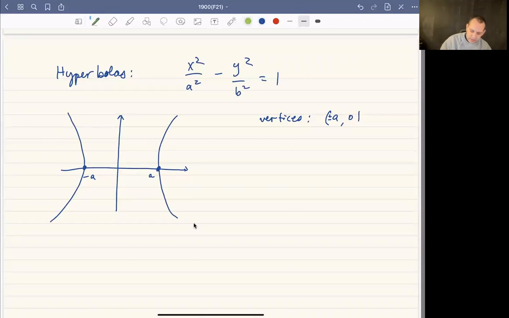So there's the focus. And the way that we interpret the focus here is a little bit less intuitive than the way that you interpret the focus with parabolas or ellipses or circles. The idea here with the hyperbola is that you still have a directrix. Actually, this will be a little bit easier to talk about in the next section.